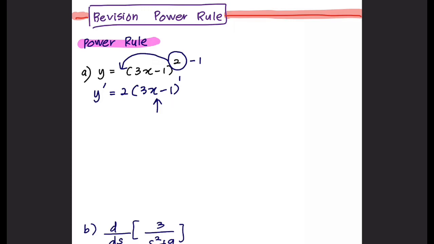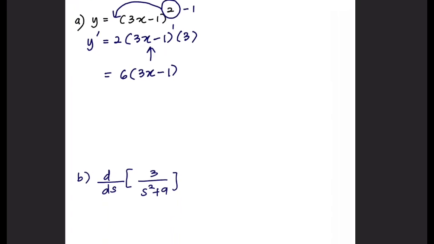After that, differentiate inside the bracket, you will get 3. So simplify, you will get 6(3x minus 1). Remember, there are 3 steps to do the power rule. First step is to bring forward 2 and then minus 1. After that, differentiate inside of the bracket.